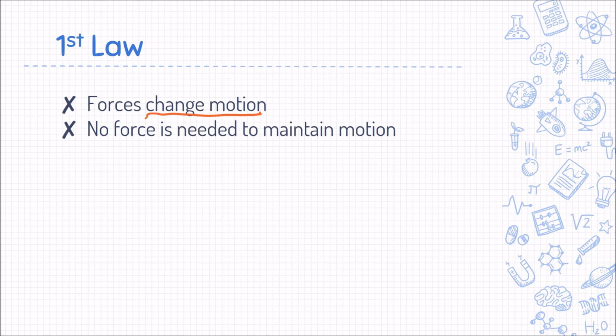That's the tricky one, because we've all observed something rolling on a carpet or on a rough surface. Something rolling on a carpet or on a rough surface eventually comes to a stop, and we think that we are observing no force on that object. But that's not the case.